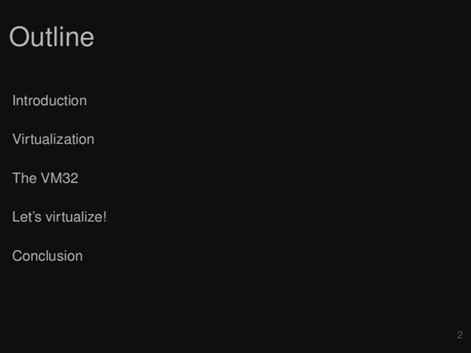Then I'm going to present the vm32. It's my simulator for learning purposes I wrote. Then I'm going to show very briefly how you can implement a hypervisor with not even much code on this platform. And I've got one slide of a conclusion.